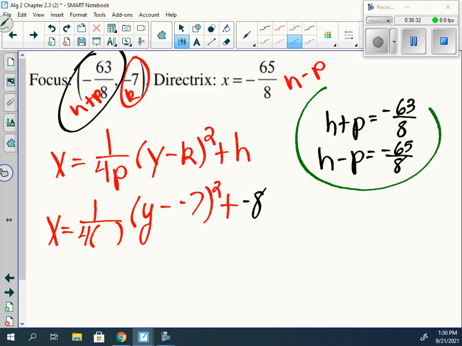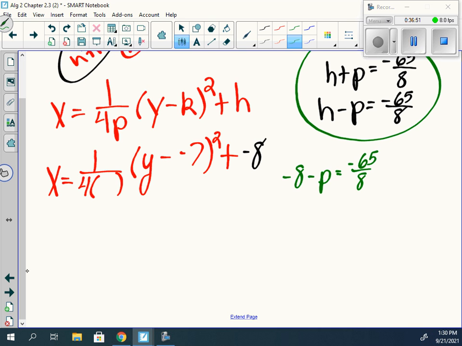Now over here, don't we have two equations in terms of h and p? Which one do we want to use? We could say that negative 8 minus p is equal to negative 65/8. To solve for p, the first thing we would do is add 8 to both sides, which tells me that negative p is equal to something, and then p is equal to 1/8.